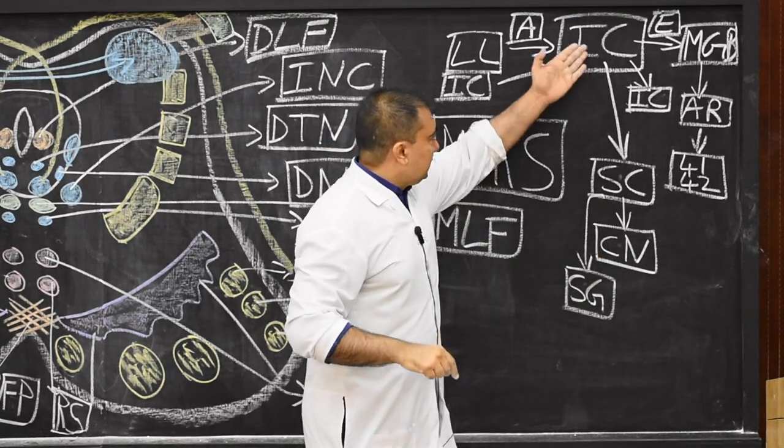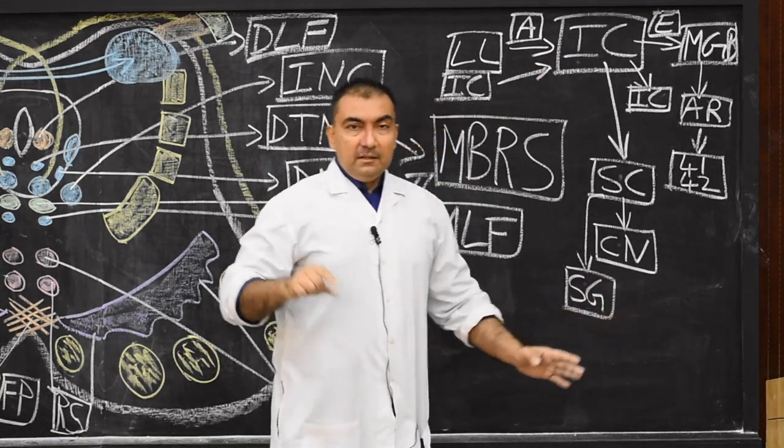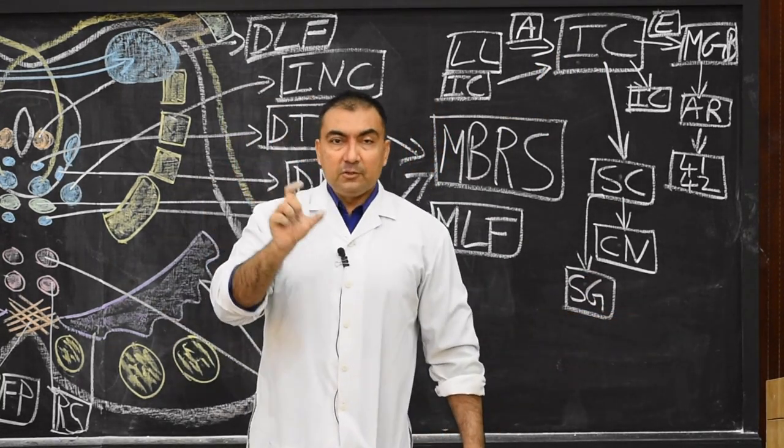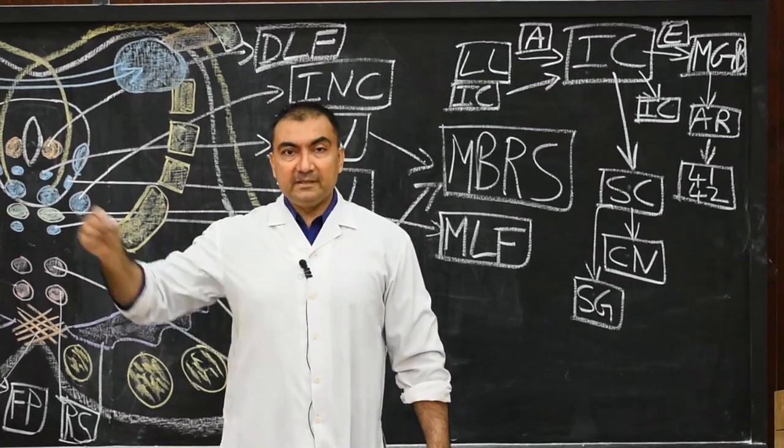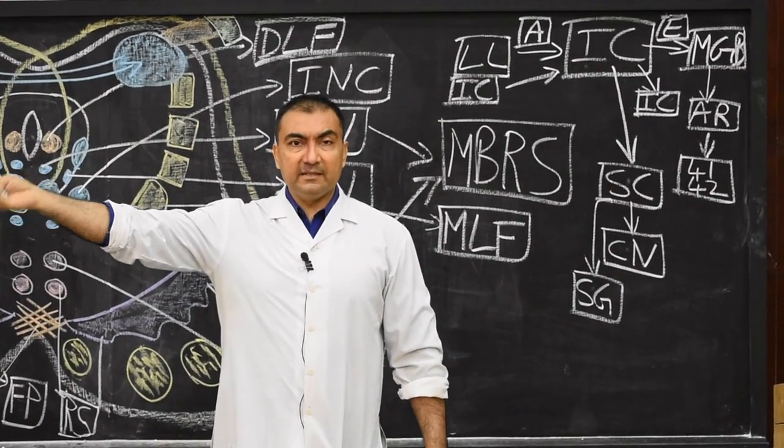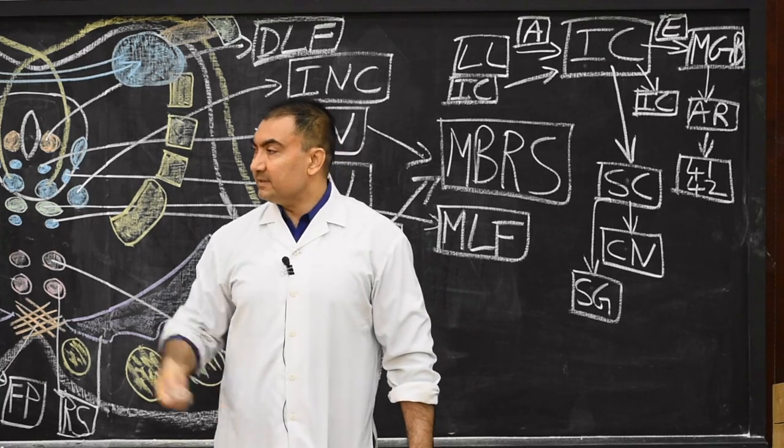Through this chain, it will regulate the movement of head and neck towards the source of sound. If there is any sound occurring, if on my right side there is production of any sound, my head will move and seek the direction.